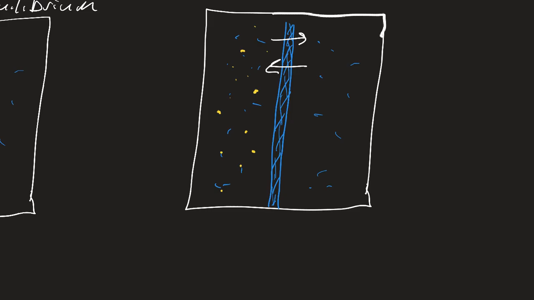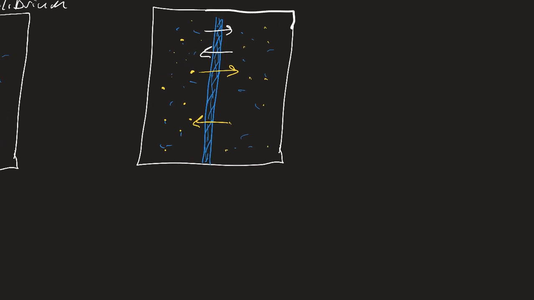Why? Because it's vibrating, and it's going to move itself randomly onto the other side. Some will move over here, and then sometimes they'll move in the other direction, so you get movement in both directions until you come to equilibrium again. That's what's going to happen over and over again.